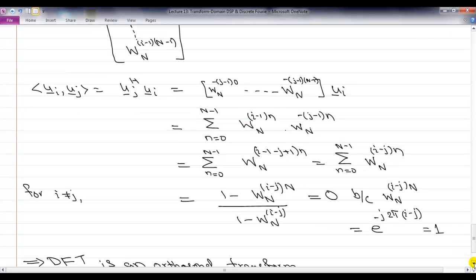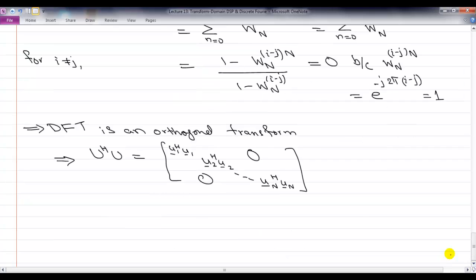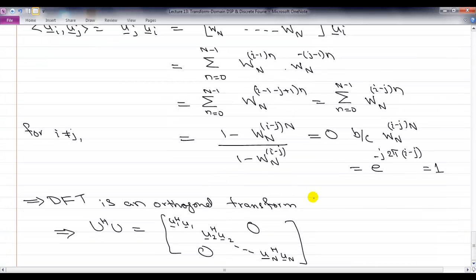I'm going to take a little shortcut and say that in that case, u_i Hermitian u_i is simply equal to the sum over n equal to 0 to N minus 1 of W_N^{0·n}, which is simply equal to capital N. W_N^{0·n} is 1, so you are summing N ones, that's N. And it doesn't matter what i is.